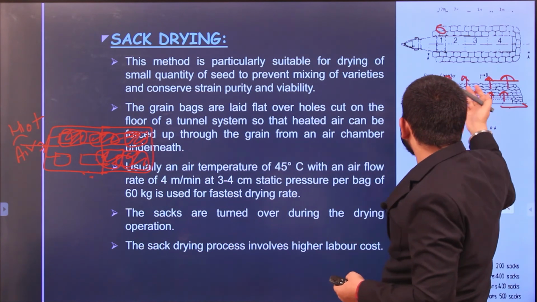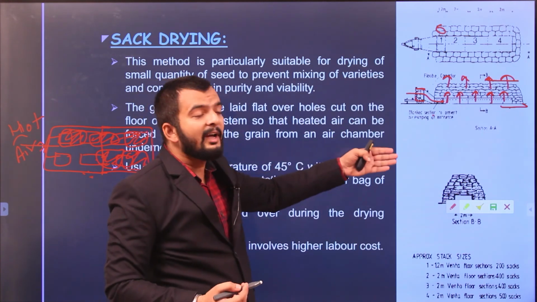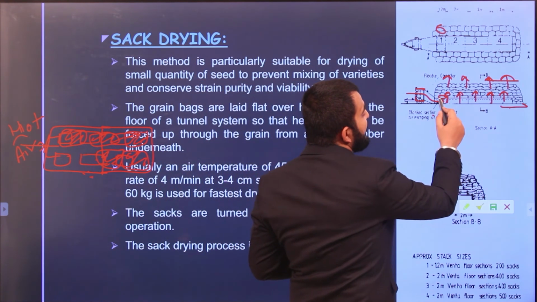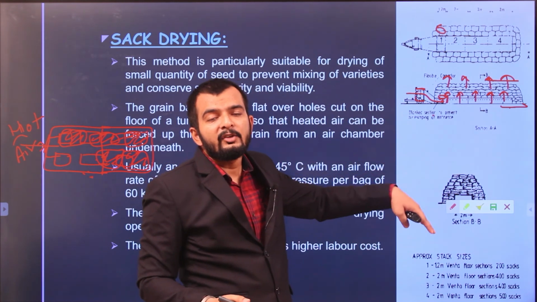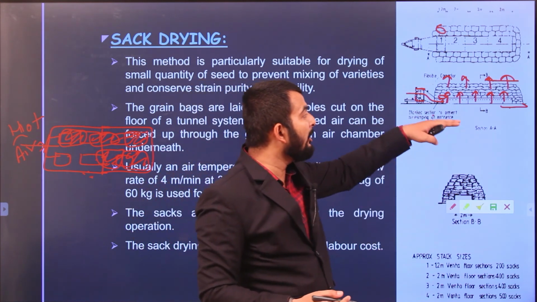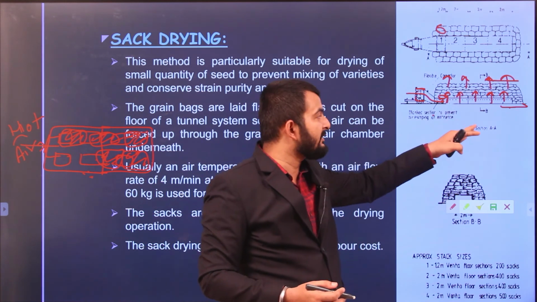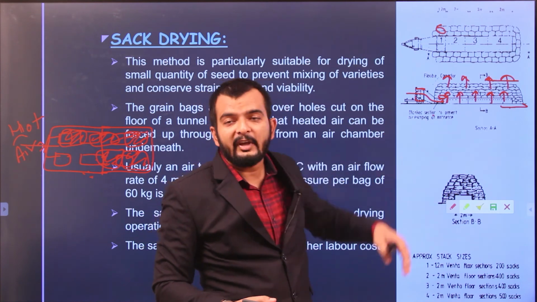Now you can devise a strategy where, if you require less moisture content, those grains will be laid in the sacks at the bottom, because the air is hottest initially at the bottom, so it will absorb more moisture from those sacks, and as it rises, the moisture removal will be considerably less. This is the process of sack drying.